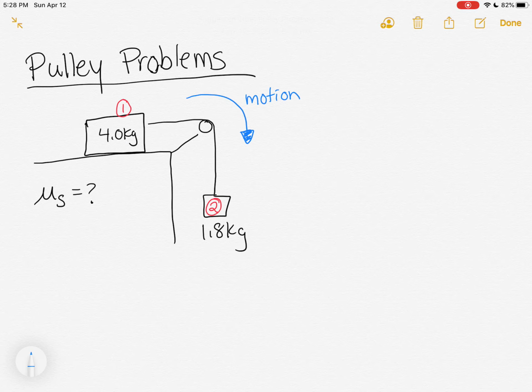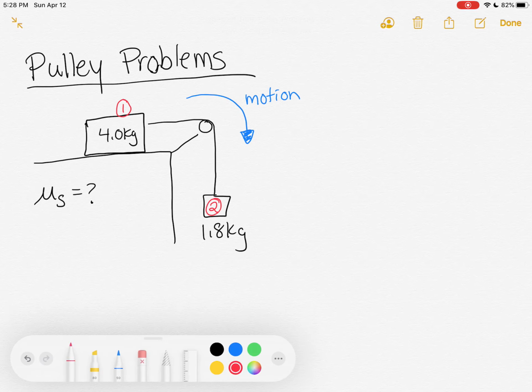You can assume that it's moving up if you want to, but that is really, really rare. And worst case scenario, if we get the motion direction wrong, we're just going to get a negative answer. And so then we just turn the motion direction around. So we're going to assume that our pulley is moving to the right and then down.